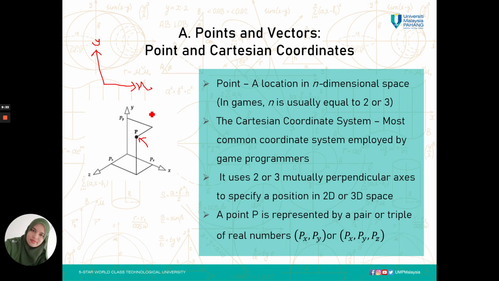This semester we will focus more on the 3D part, which has X, Y, and Z. So you have to determine which one is right and left, which one is front and backward, and which one is up and down. We will take a look at this later.